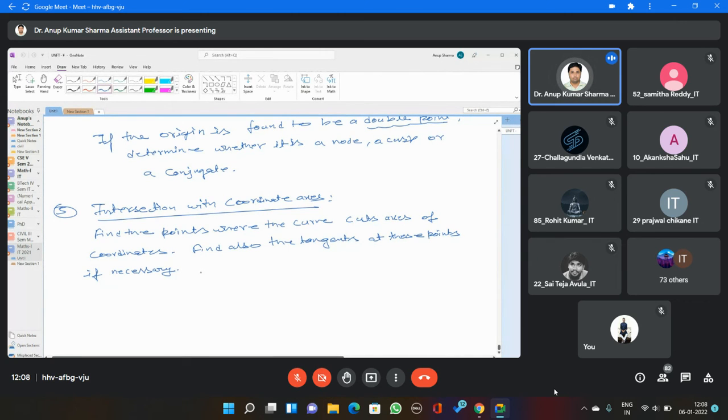Besides, also find out points whose coordinates clearly appear to satisfy the equation of the curve. So find out tangents at these points, and also find the tangent at these points if necessary. This means whether it intersects the x and y axes. This is also important, and also find the tangent at this point.